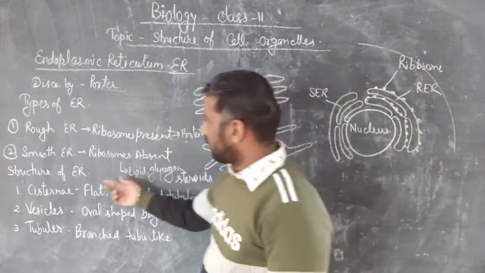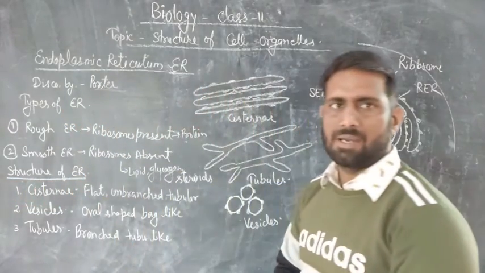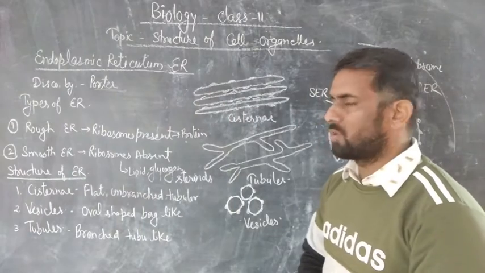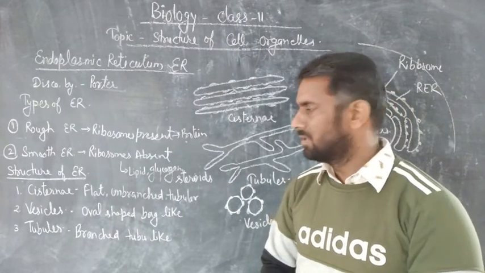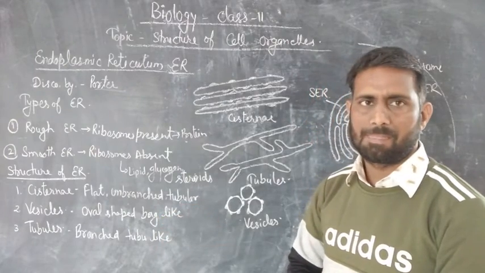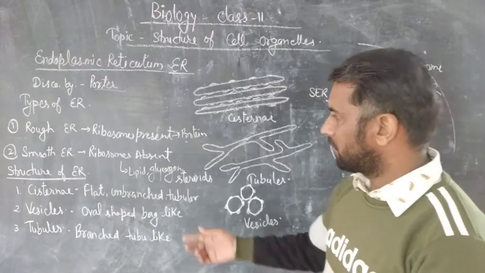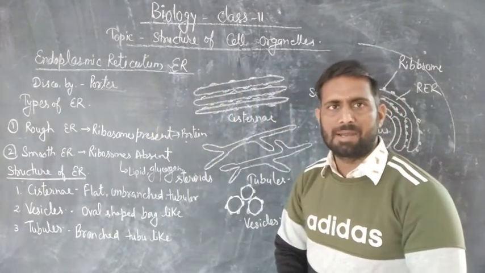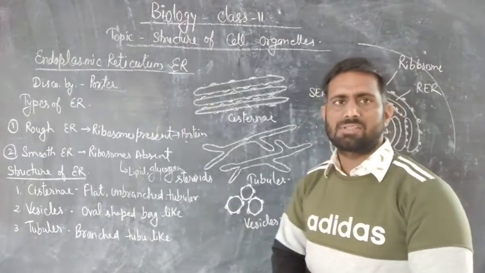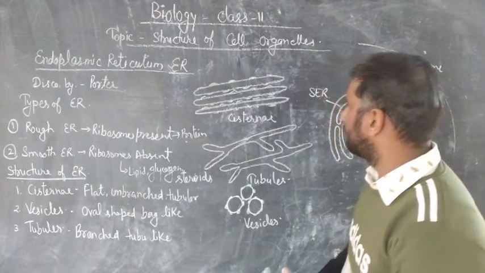Now the structure of ER. ER consists of three structures: cisternae, vesicles and tubules. First of all, cisternae. Cisternae are flattened, unbranched and tubular structures which lie parallel to each other.